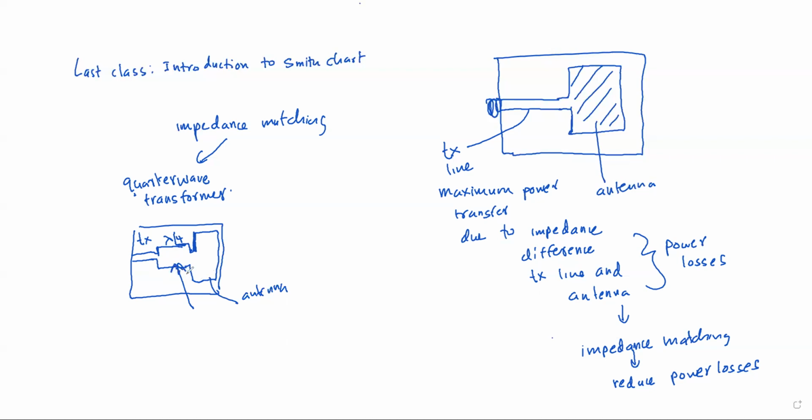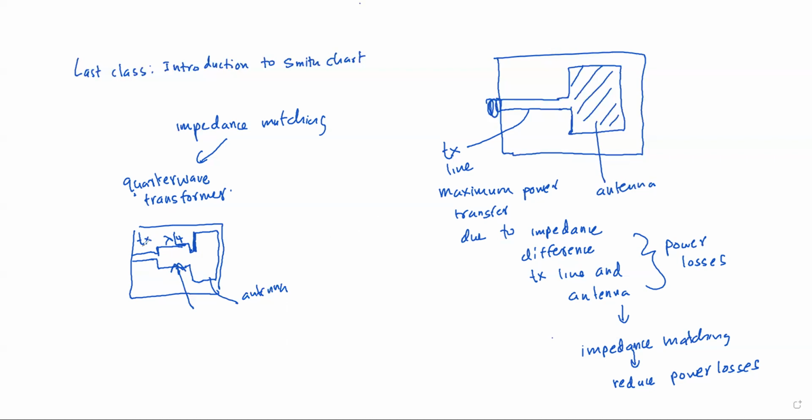However, that is okay, since in stub matching we also have such problems, where we fabricate the stub and after that we can't change its location.